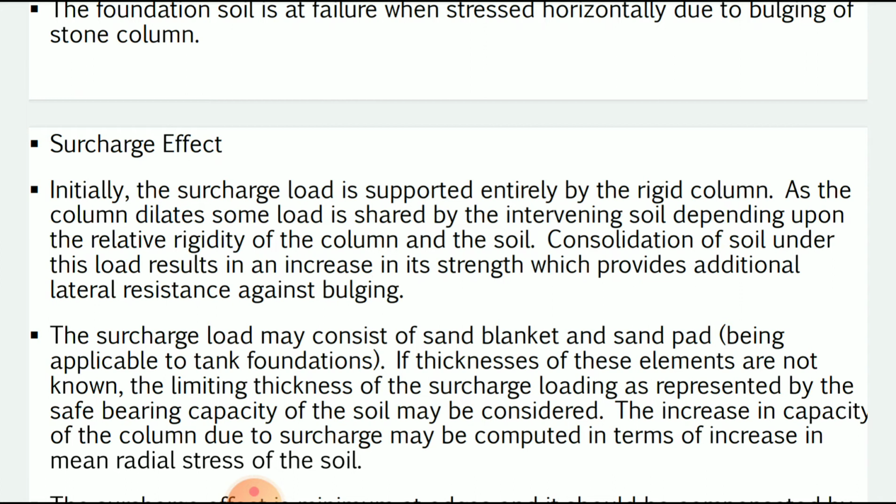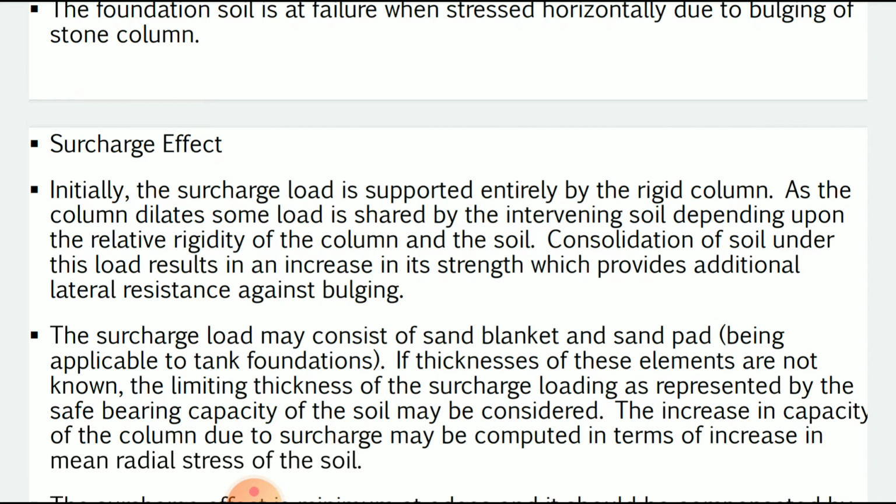Consolidation of the soil under this load results in an increase in strength, which provides additional lateral resistance against the bulging.